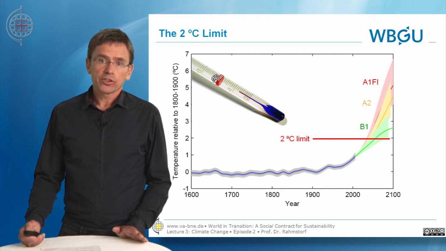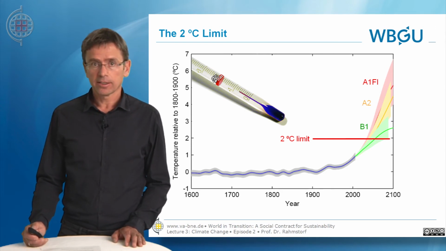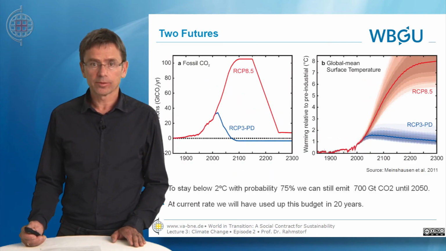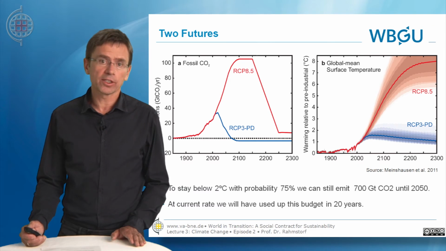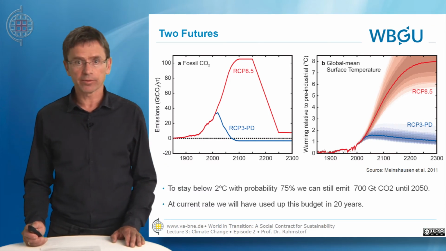Now, the question to natural scientists again is, once such a target is set, how much CO2 emission does this still allow us? We can illustrate this with the next slide, which shows 2 extreme scenarios of a bundle of future scenarios that have recently been developed.